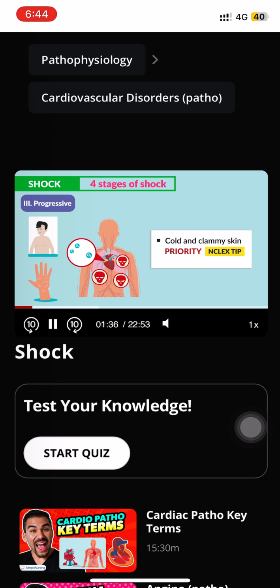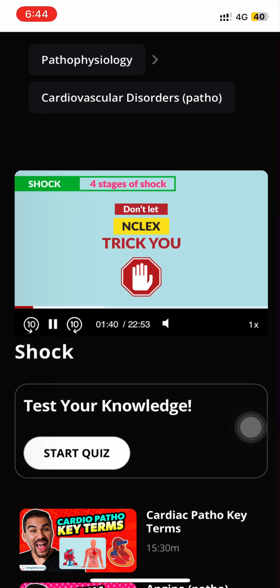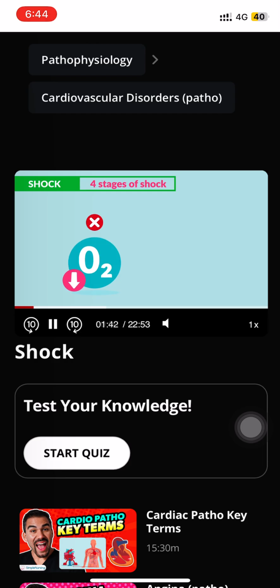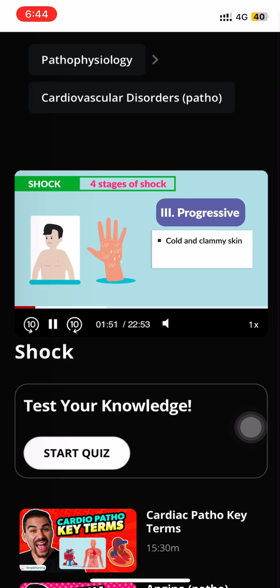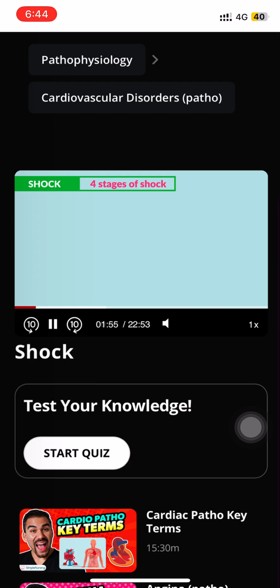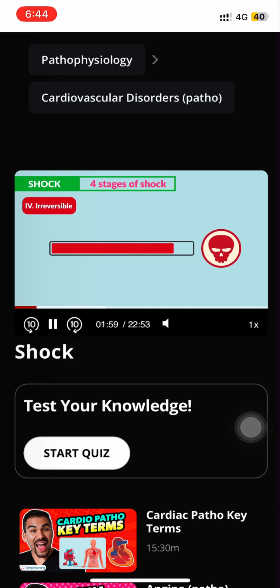It's progressing into this progressive stage here. So don't let the NCLEX trick you. It's not low oxygen saturation, and it's not tachycardia. Those are compensatory, as the body is trying to scramble for oxygen. So cold and clammy skin is priority for progressive stage. And the last stage is irreversible, basically meaning death is imminent.